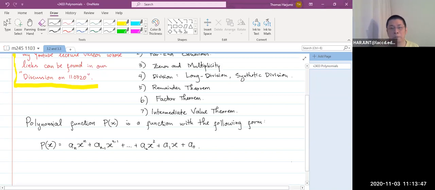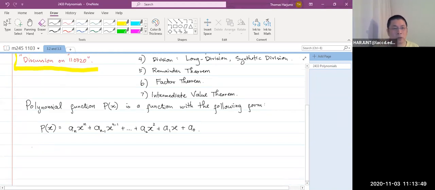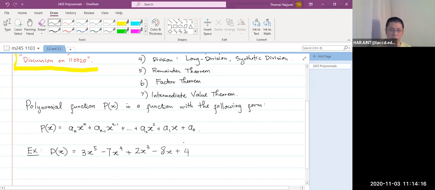For example, if we have P(x) equals 3x to the 5th minus 7x to the 4th plus 2x cubed minus 8x plus 4. Let's say we have something like that.